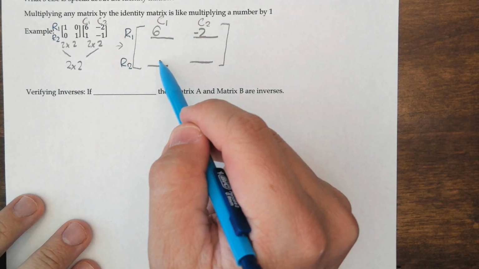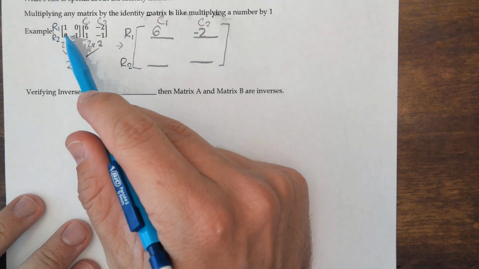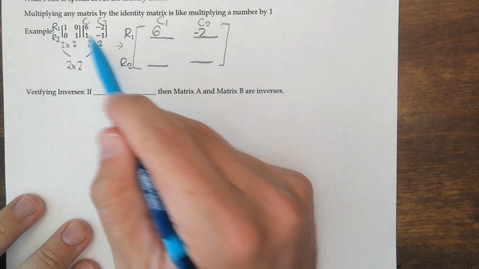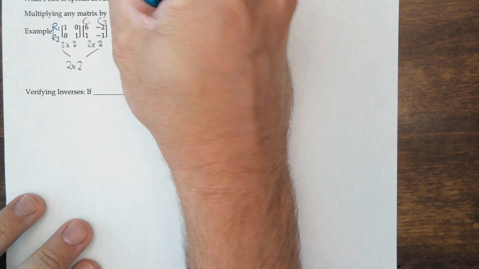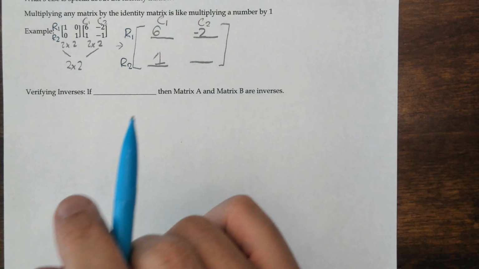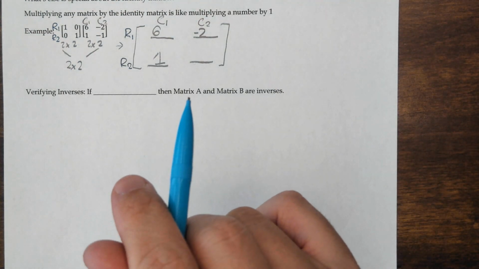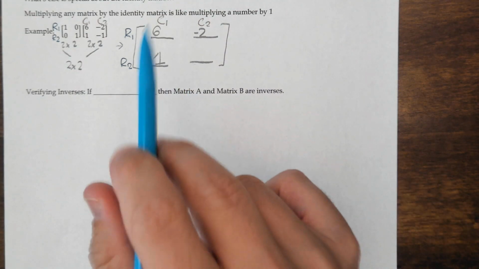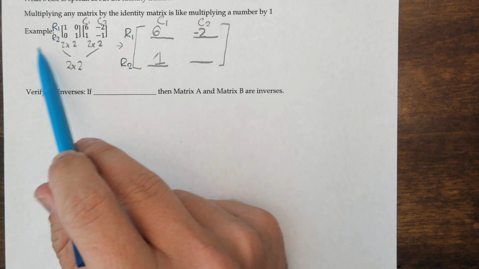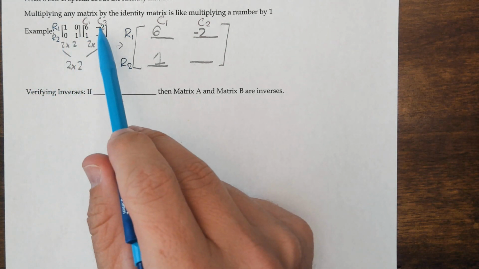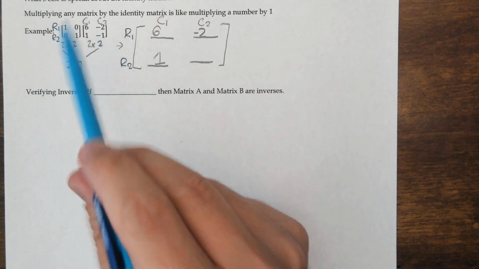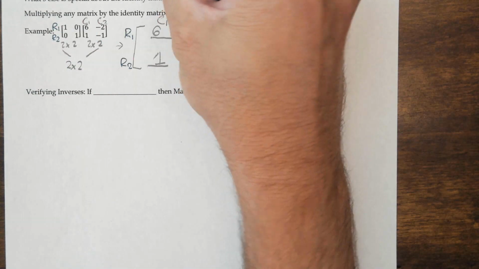Now we're looking at row 2, column 1 for this spot. So 0 times 6 is 0. 1 times 1 is 1. And then row 2 times column 2 for this last spot here. So 0 times negative 2, which is 0. 1 times negative 1, it's negative 1.